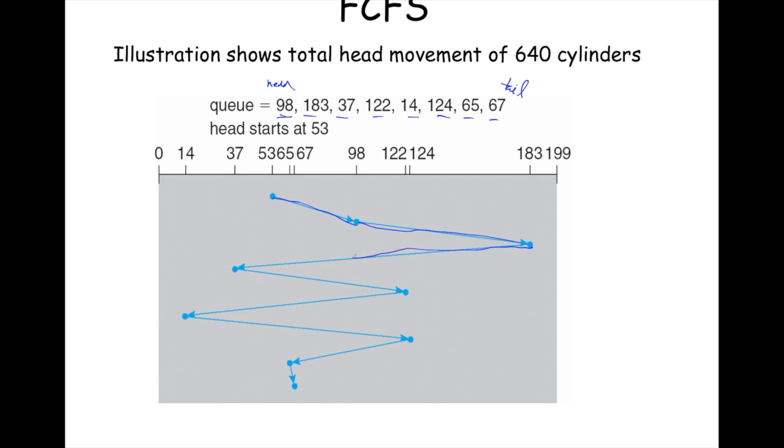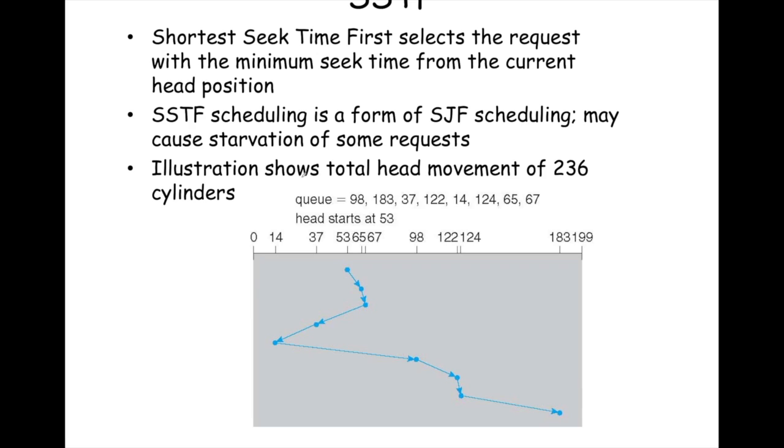So it comes back and it spans from 183 to 182 to 181 to 180 and so forth until it seeks to cylinder 37. Then it goes to 122. And so we count here for the performance the number of cylinders that the read-write head has traversed when satisfying the requests from this request queue. And so that's first come, first serve.